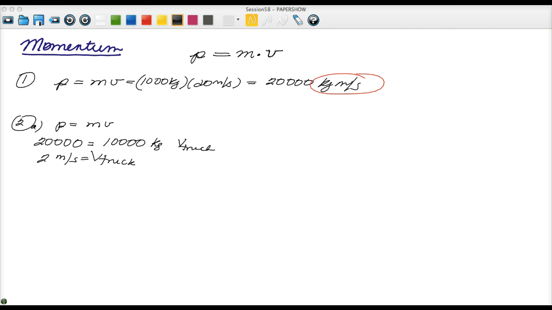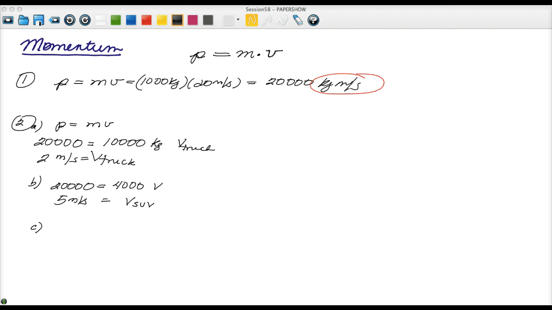So that's A. A 4,000 kilogram SUV, in order to have 20,000 units of momentum, will have to be moving at 5 meters per second. That's the velocity of the SUV.